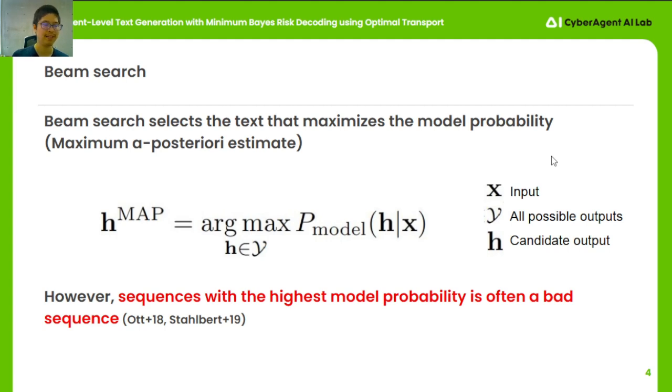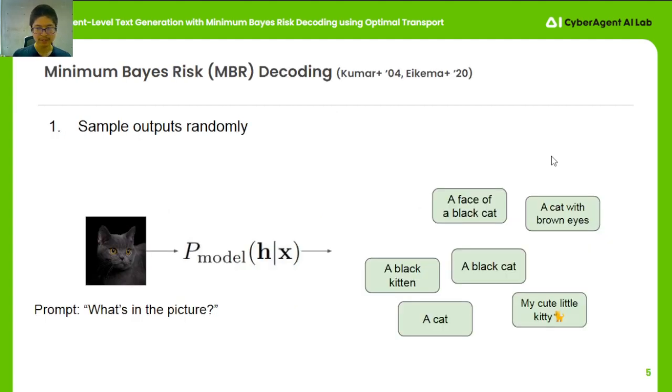So what people found is that MBR decoding is a better alternative to beam search in several cases, at least.